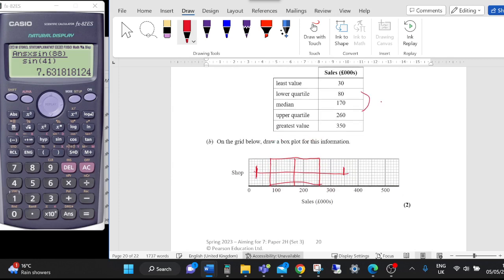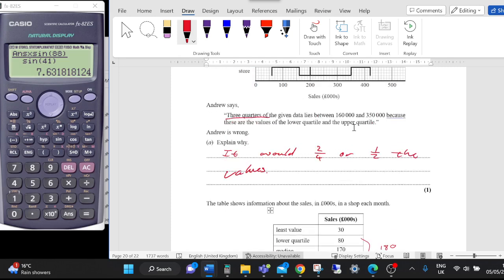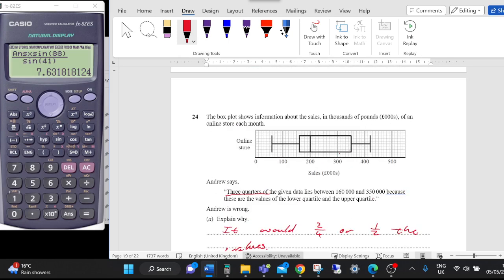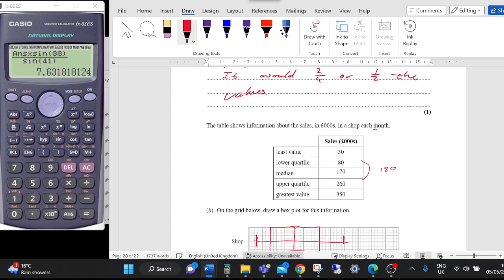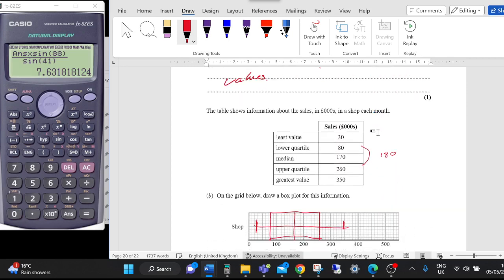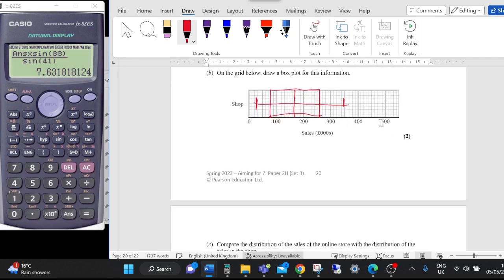The interquartile range is 180, and then the interquartile range of the online shop was 160 to 350, which is 190. So the online store has a slightly larger interquartile range.